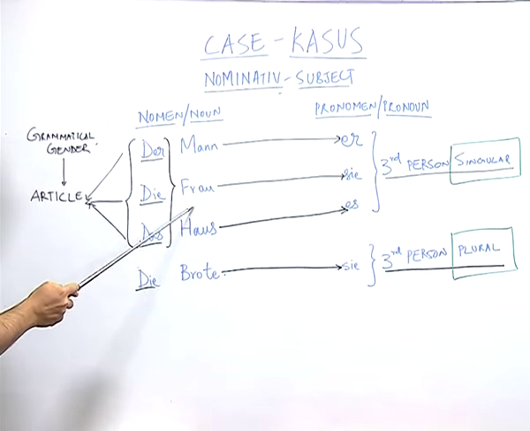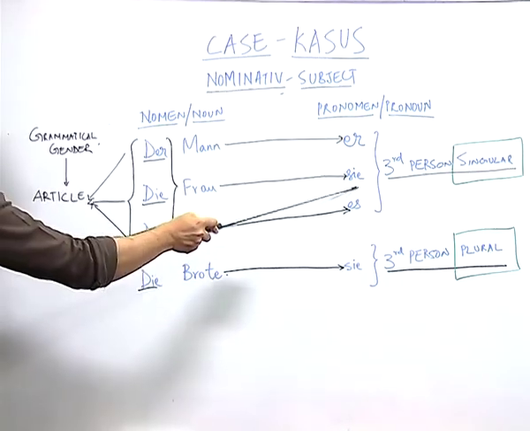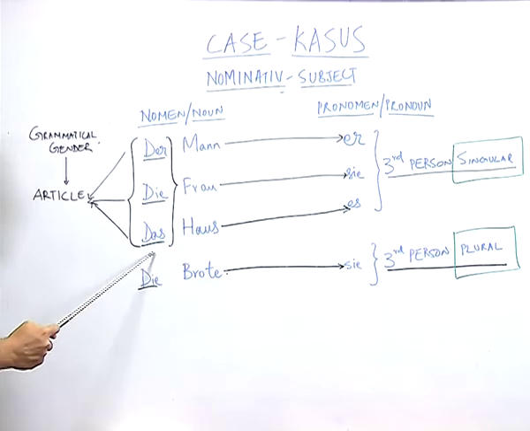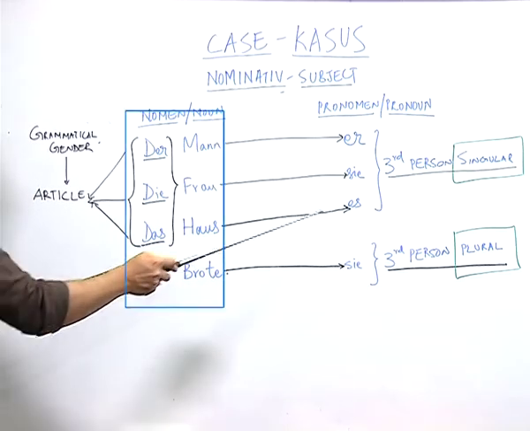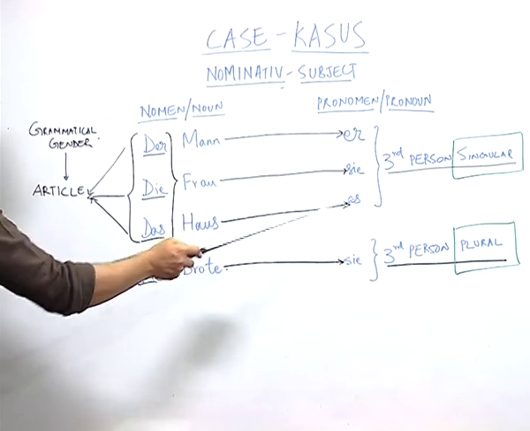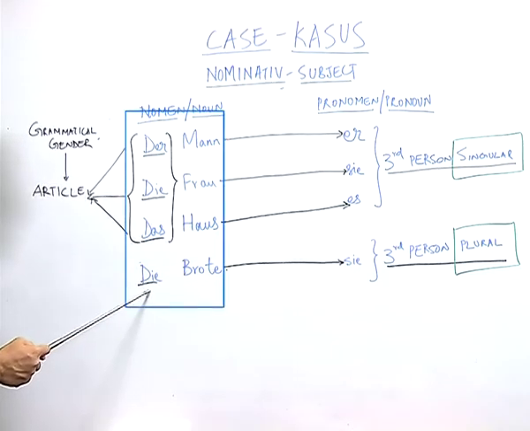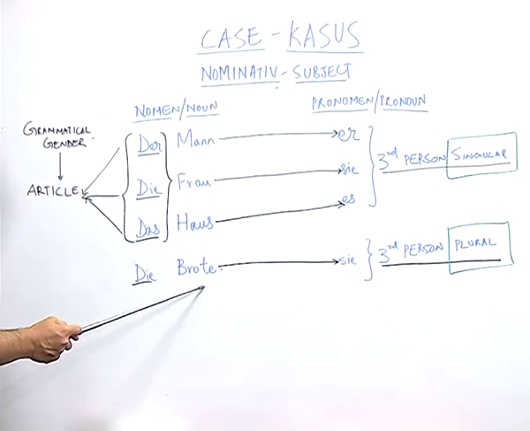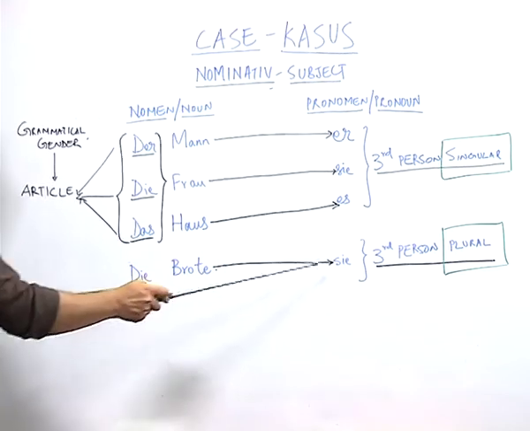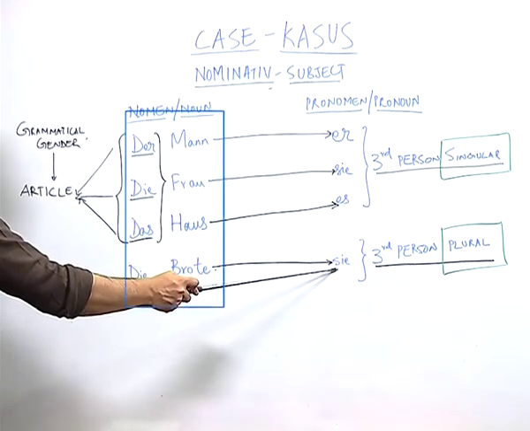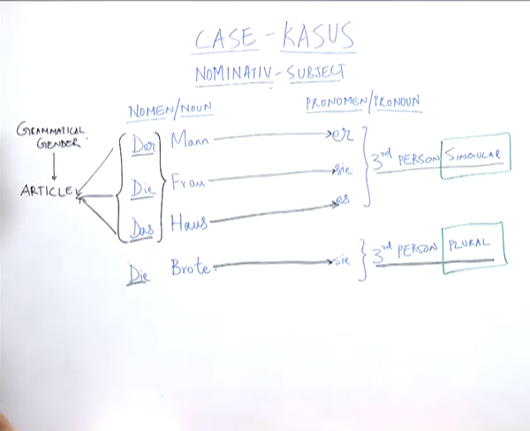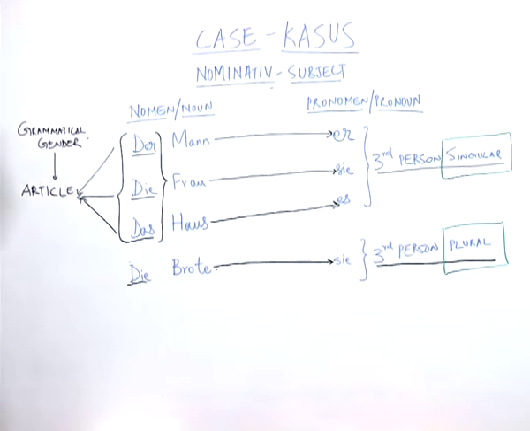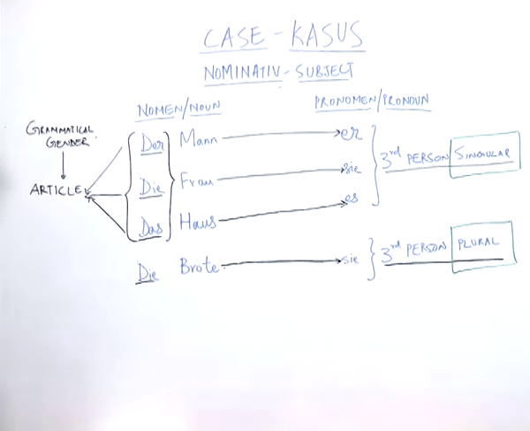Die Frau refers to the feminine sie. Das Haus refers to the neutral es, and die Brote, which means plural for bread, is the pronoun sie. Now, let us look at how the grammatical gender in German is built.